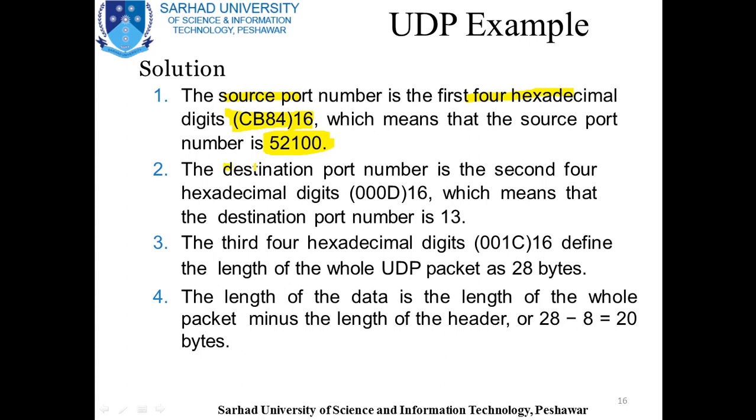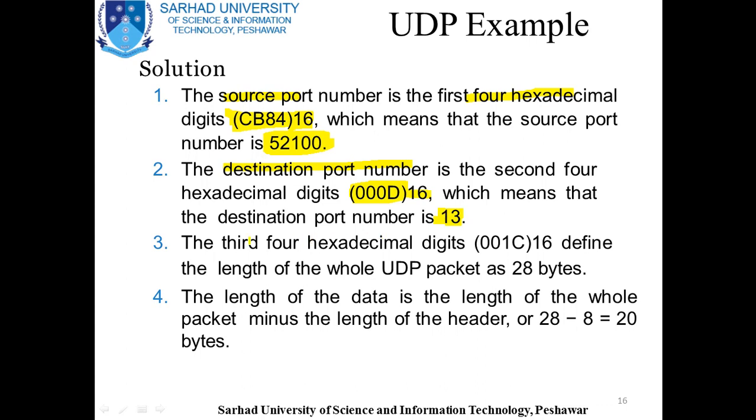Similarly, the destination port number is the second four digits of your header information, and you just have to convert that into decimal again. You get the destination port address.